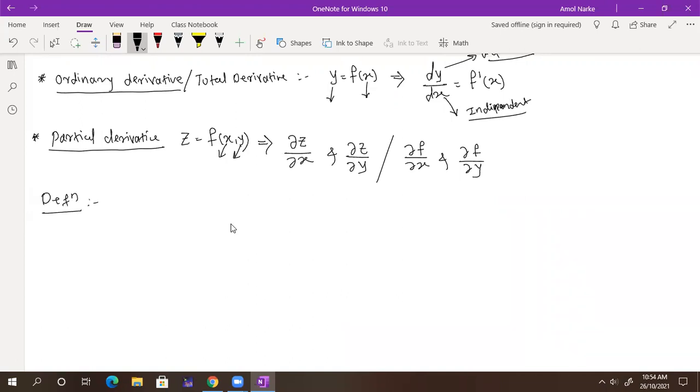Let f of x comma y be a function of x and y, which depends on two variables x and y.